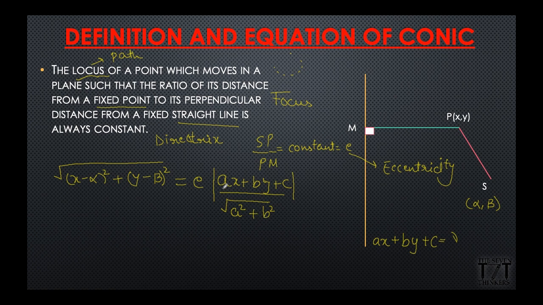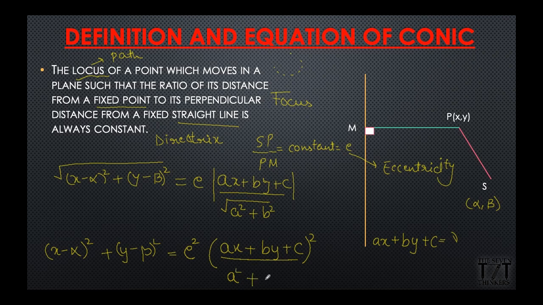So now since we have under roots, we're gonna square both the sides and we get the general equation of a conic as x minus alpha whole square plus y minus beta whole square is equal to e square multiplied by ax plus by plus c whole square, divided by, which is not under the bracket, a square plus b square.